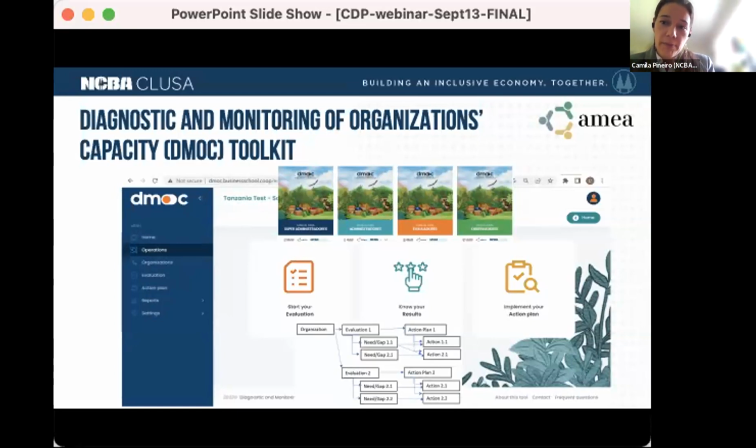As you can see, we are very thankful to AMEA for helping us take this tool to the next stage, having it in 3 languages with 4 different types of users, from a super administrator to an assessor and observer, so that the organizations that are assessed can also have access to the data.